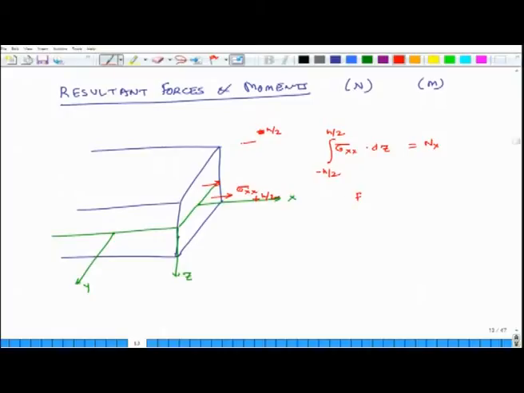So, if I integrate this sigma x over this entire area, then what is it? It is the total force which is being exerted in the x direction, and if I divide that total force by this distance a, then it is force per unit length, right. So, Nx is basically force which is being applied in the x direction on the composite laminate per unit length, and that is the integral of sigma xx times dz. Okay.